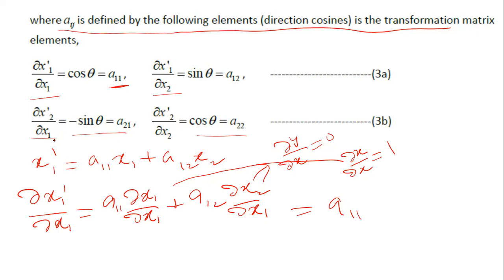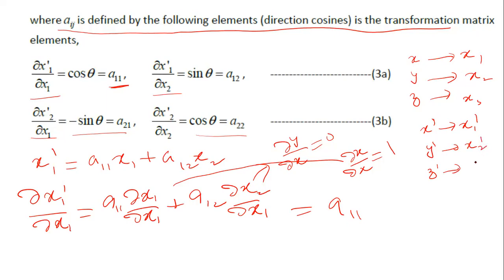So here, instead of writing our coordinate system as x, y, z, in tensor notation we will instead use indices notation x1, x2, x3. So instead of prime coordinates like x prime, y prime and z prime, we will often use a notation called x1 prime, x2 prime, x3 prime.